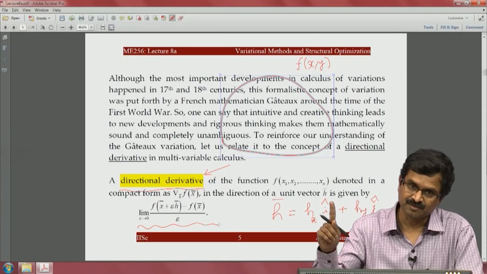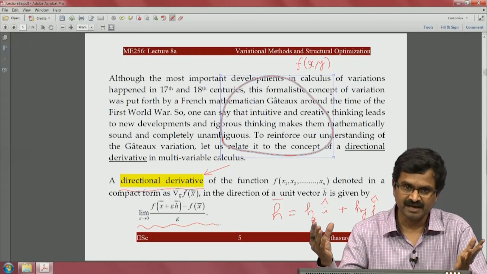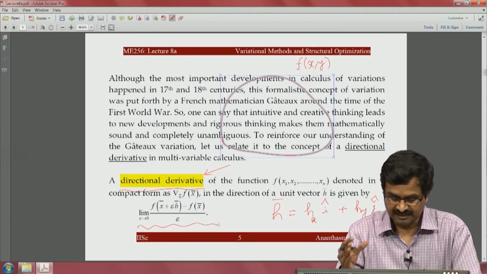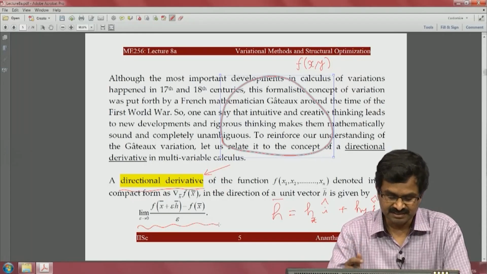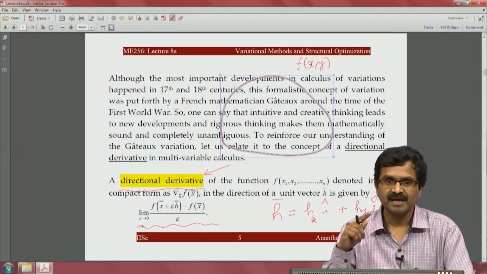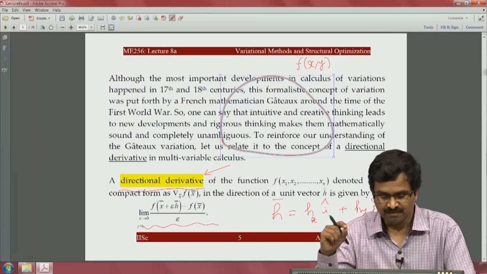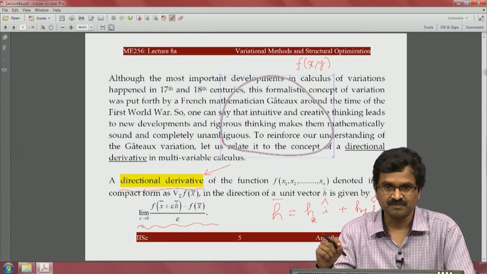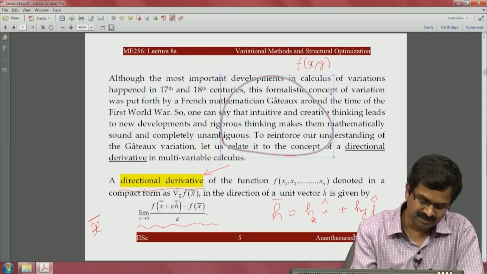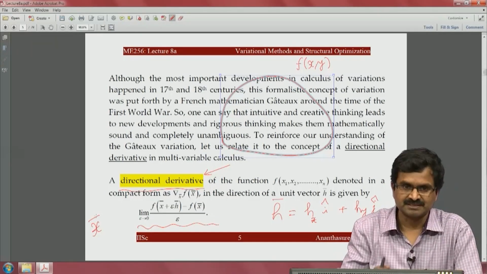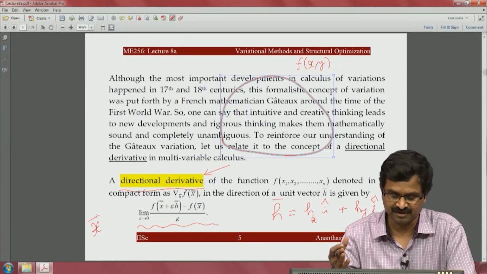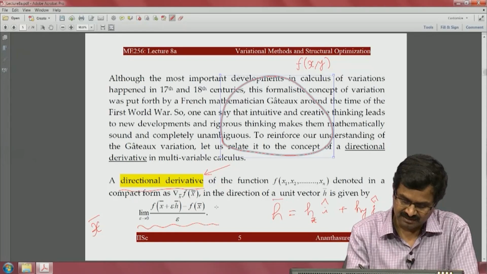In that sense h is arbitrary, but once h is given, in that direction, if you want to know how the function changes, it is given by limit epsilon tends to 0, f of x plus epsilon times h minus f of x, divided by epsilon. When you write x with a bar, like we are doing, it means x1, x2, x3, many dimensions; f can depend on n variables. In that case, this is the directional derivative.